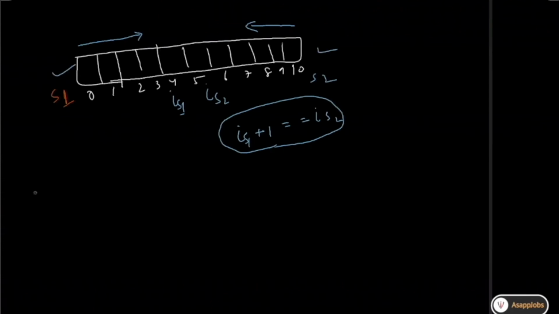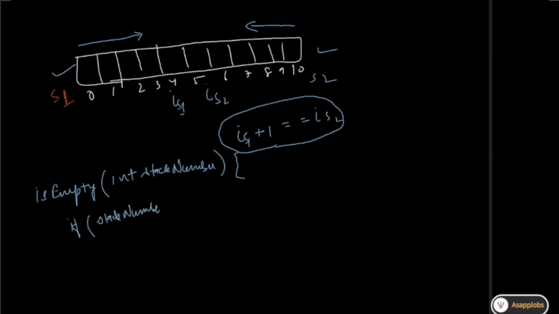So for example, let's try to find out isEmpty, and in this you have to give the number whether you're talking about stack 1 or stack 2. So suppose you're talking about stack number, if it equals 0, it means we're talking about stack 1. In that case you just return, suppose i is indicating the index of s1, and j the index of s2, i equals -1.